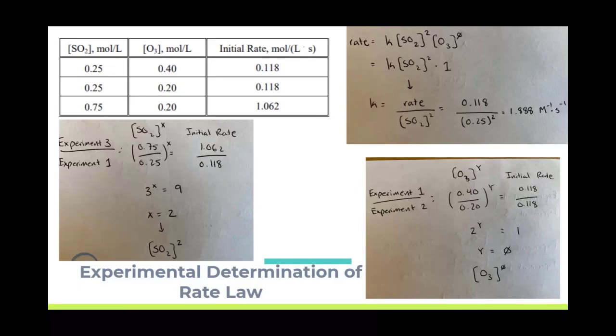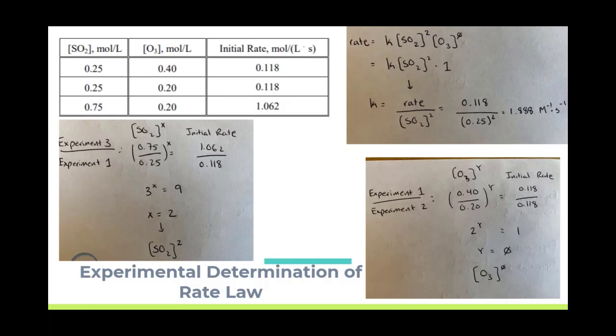If you remember, anything to the 0 power is just 1, and you can ignore it, since multiplying by 1 doesn't change anything. So our rate effectively is K, our rate constant, times SO2 to the second power.